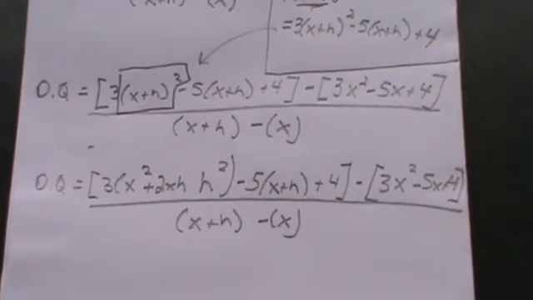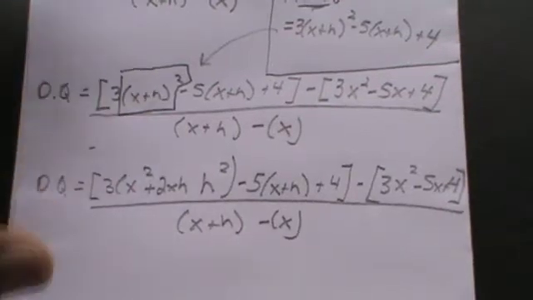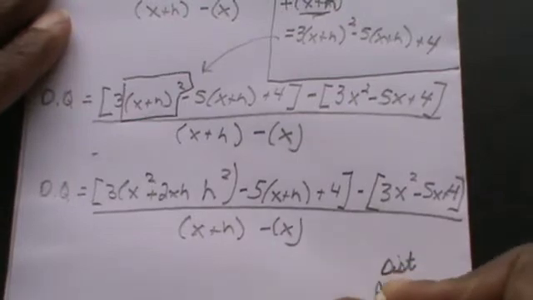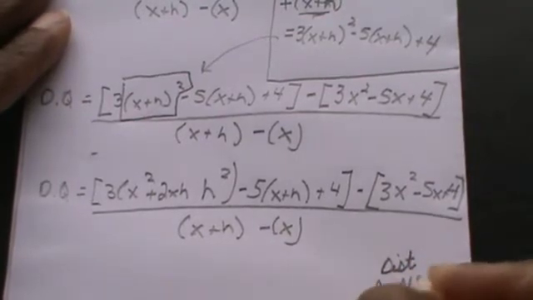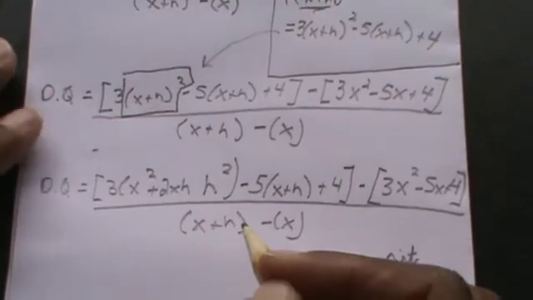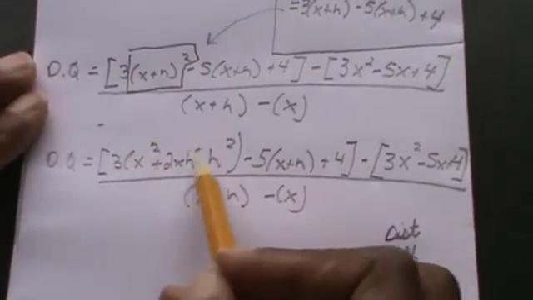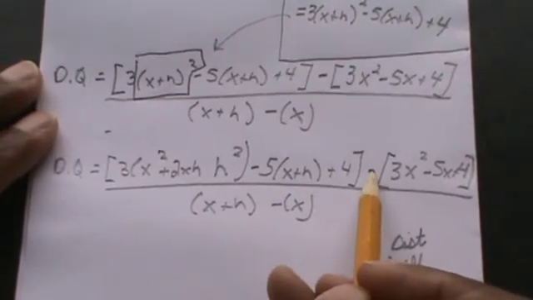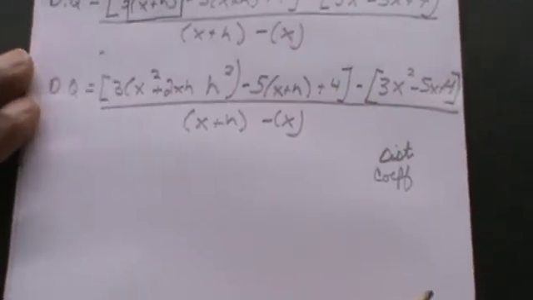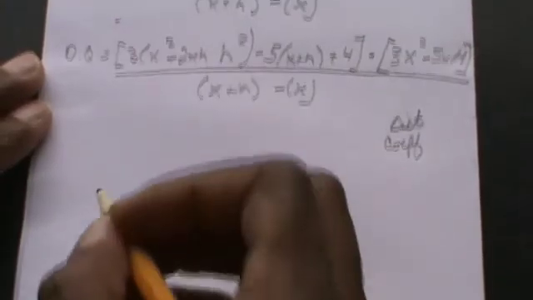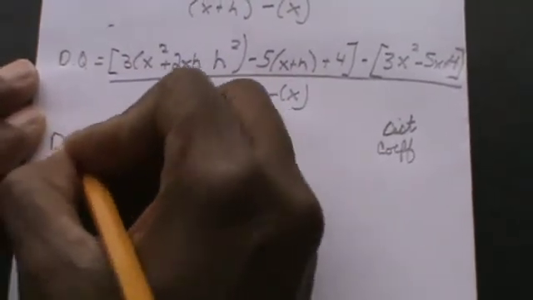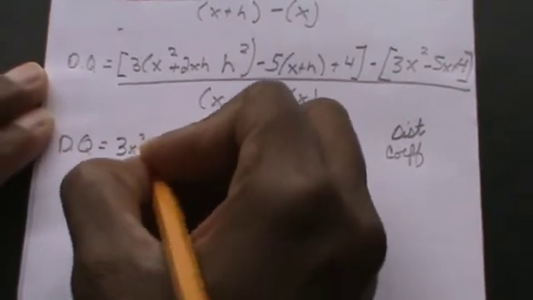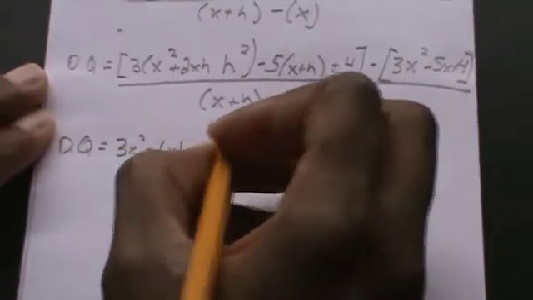So at this point, it would be nice if we could distribute the coefficients. So I would like to multiply the 3 by each of these terms, multiply the negative 5 by each of those terms, and this negative would be distributed throughout. Okay, so now my difference quotient equals 3x squared plus 6xh.